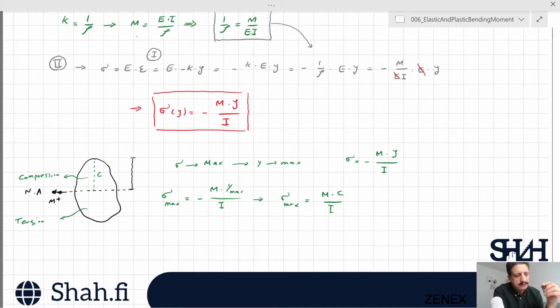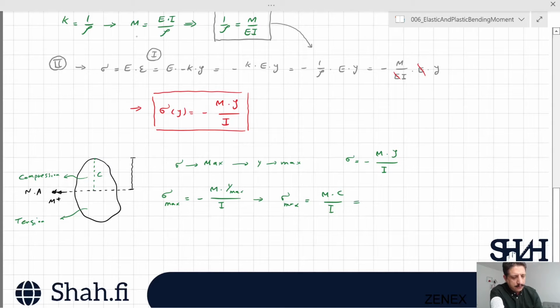If it's positive, then it is in tension. So if we ignore that to have the value, then sigma max will be Mc divided by I. C can be for the compression side or for the tension side, and it can be different if the cross section is asymmetric. But if it is symmetric, at least about one axis, then we have c max as a constant value on both sides.